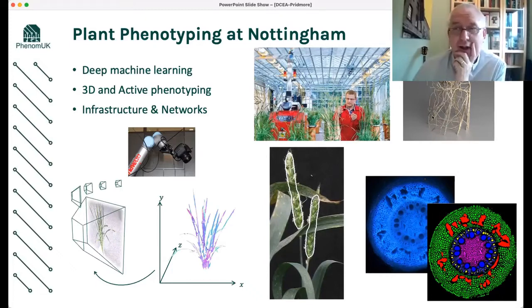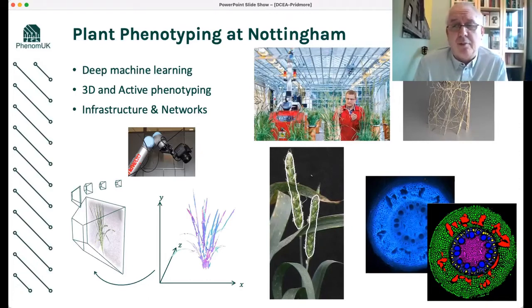So in the top right of this slide, you can see a 3D model of a root that was built by taking a root grown in soil and putting it into an X-ray machine in the Hounsfield facility. Next to that picture is an image of the Hounsfield with our technician Brian and our mobile robot side by side. The Hounsfield is a facility that allows us to grow plants in those little orange-brown soil columns that you can see behind Brian and the robot.